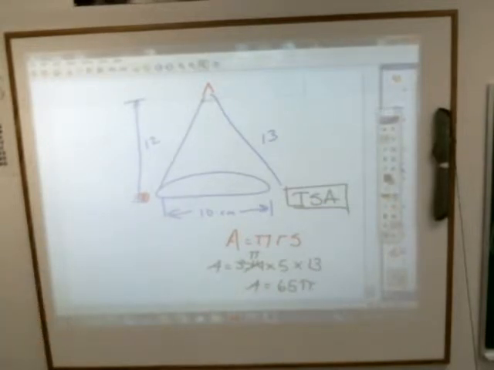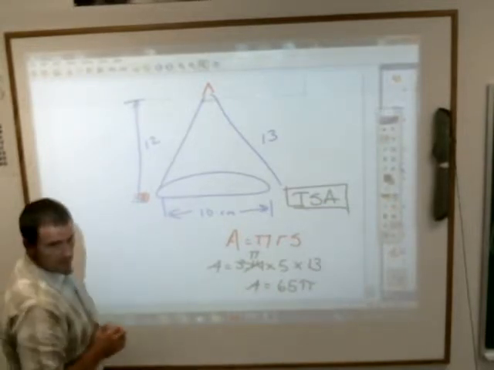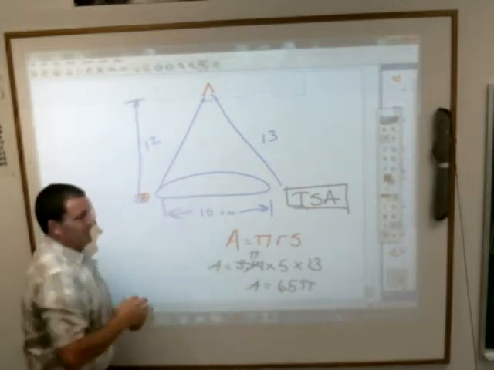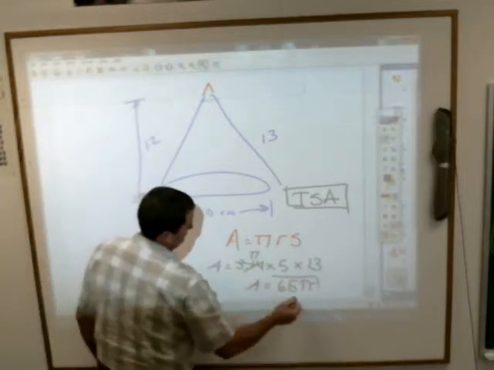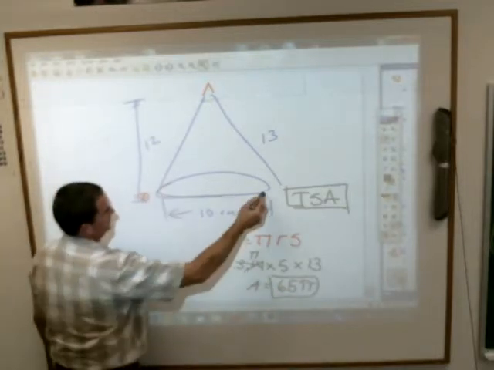Total surface area is missing what part? If they ask you to find total surface area, what are you going to have to do? Just take this and add this bottom circle to it.